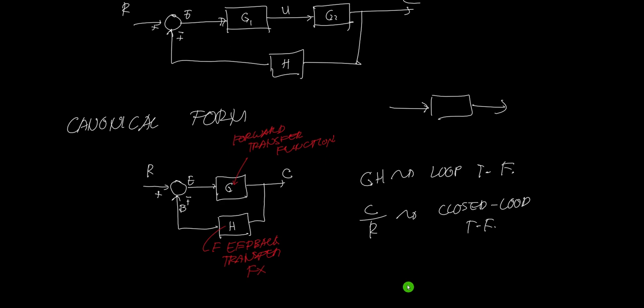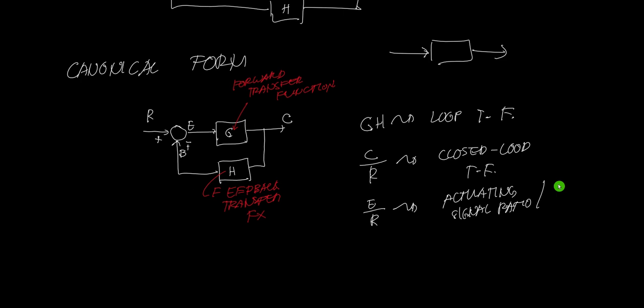Then if I divide the error signal E by the input R, this is what we call the actuating signal ratio, or simply the error ratio.